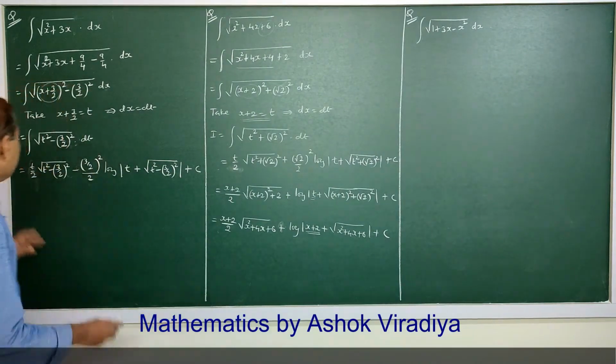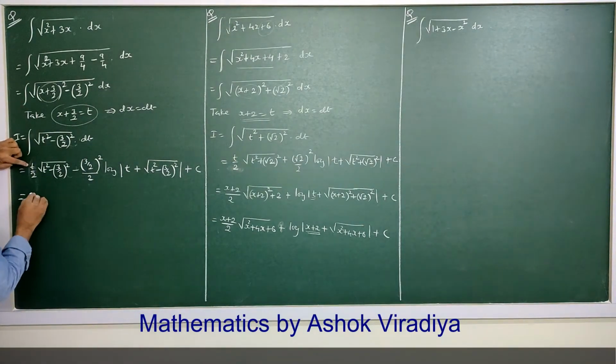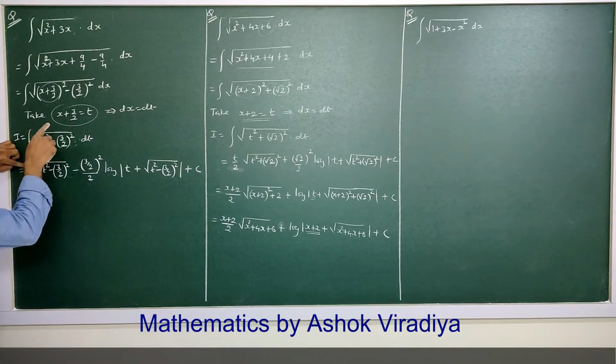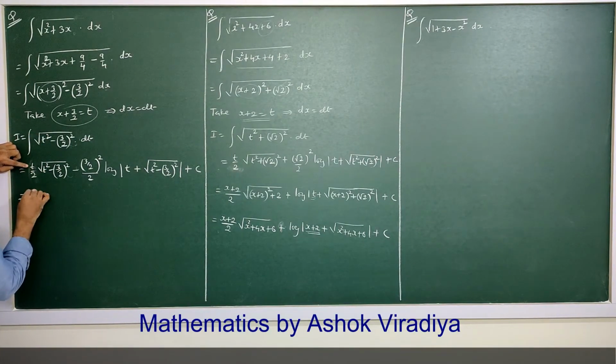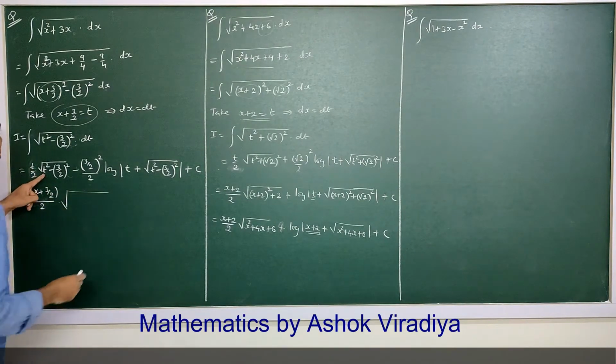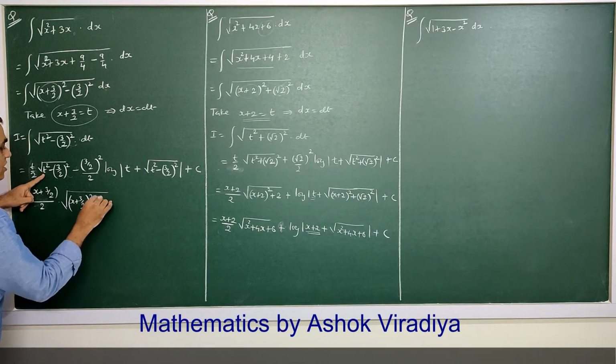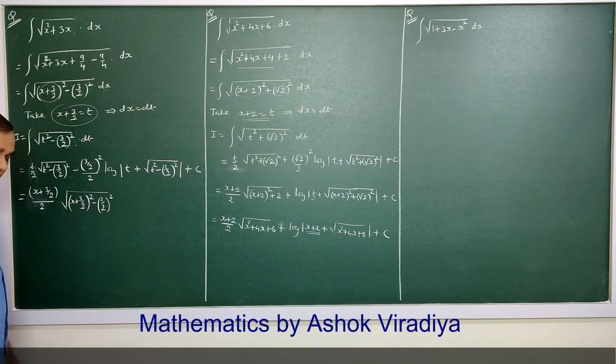Now putting the value of t, which is x plus 3 by 2. So putting here x plus 3 by 2 upon 2, this is t, square root of t square. So (x plus 3 by 2) whole square minus (3 by 2) whole square.